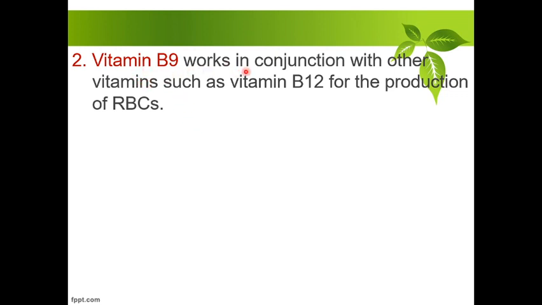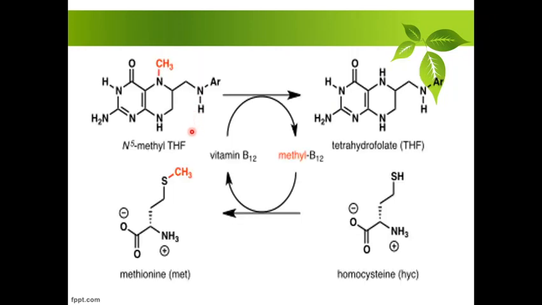Vitamin B9 works in conjunction with other vitamins such as B12 for the production of the RBC. It works with the B12 for the production of the RBC. अब ये कैसे होगा यार? N5, देखो ये सारी चीज़ें मैं आपको पहले बता चुकी हूँ.